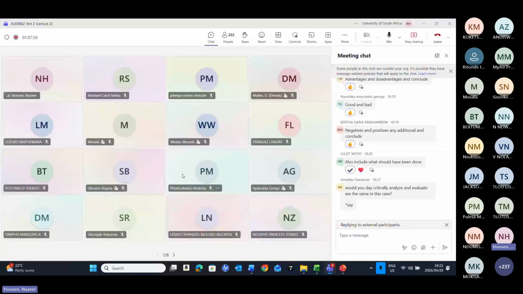Amishka, would you say critically analyze and evaluate are the same in this case? Well, a critical analysis is more in depth than an evaluation. And it would be more elaboration that comes across from a critical analysis.